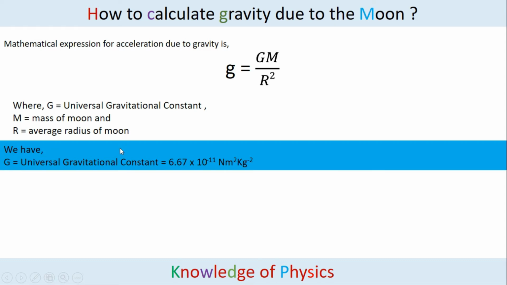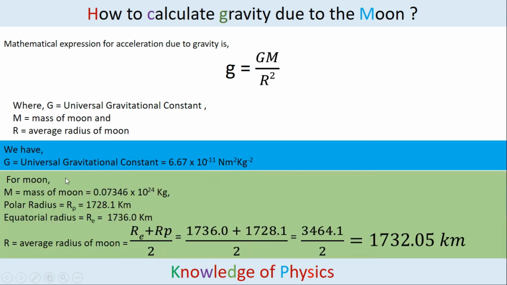As I have already told you, universal gravitational constant G is equal to 6.67 × 10^-11 Newton meter square per kg square. And for moon, mass of moon is 0.07346 × 10^24 kg. You can see these values on Wikipedia.